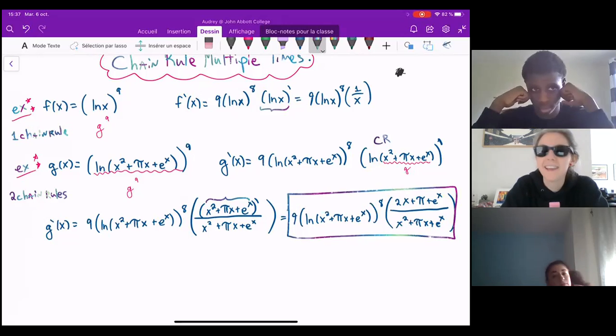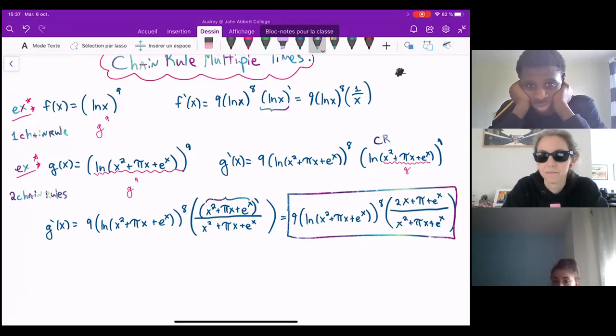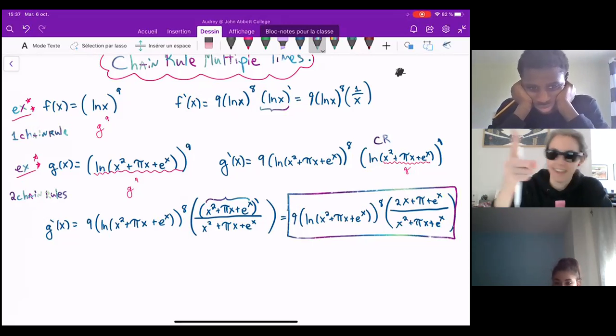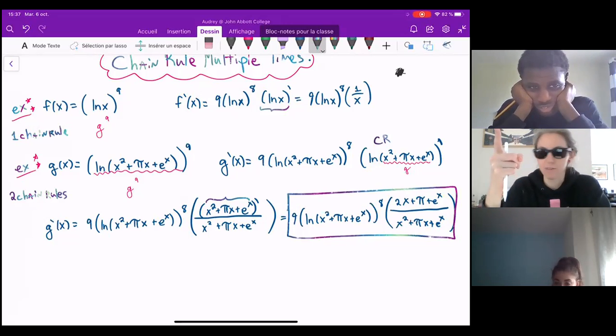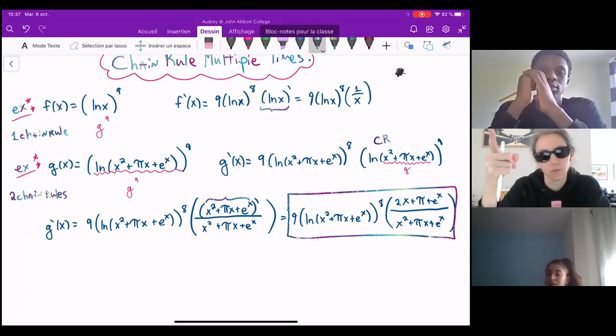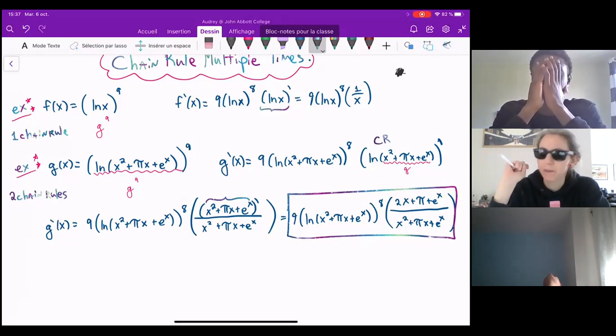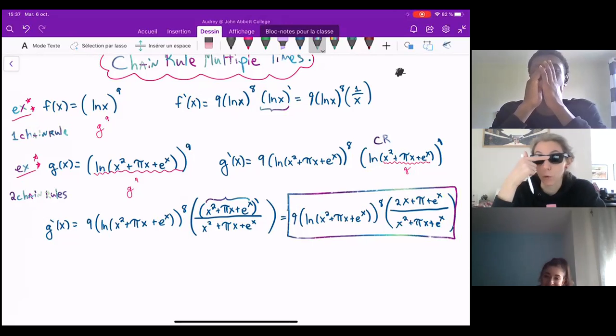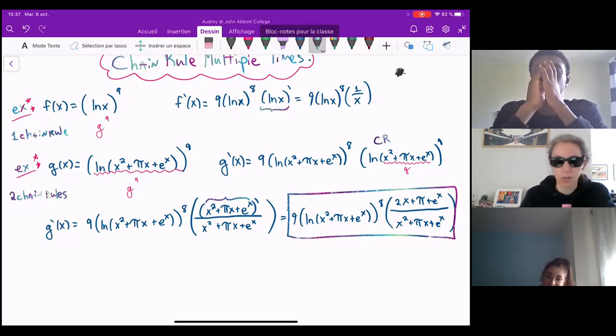Okay. Do you think I could have more than 2 chain rules? I can. I can have 3 chain rules or 4 chain rules or 5 chain rules or 6 chain rules. Really, I could have infinite. It would be really gross, but I could totally have as many chain rules as I want.